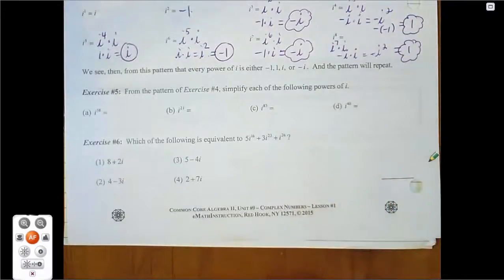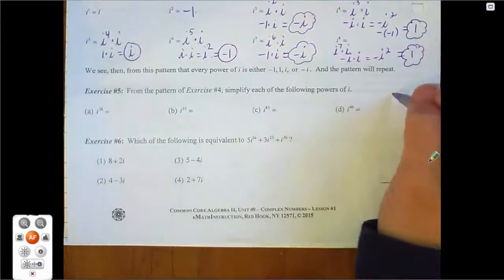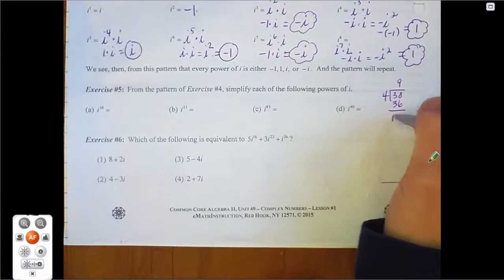We're going to take some more powers of i and simplify them, and we'll use our i chart and our long division by 4. So i to the 38, well, we can take 38 divided by 4 off to the side. 9 times 4 is 36, so this has a remainder of 2.